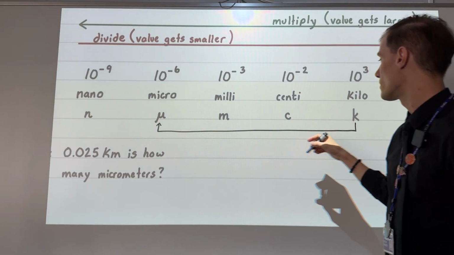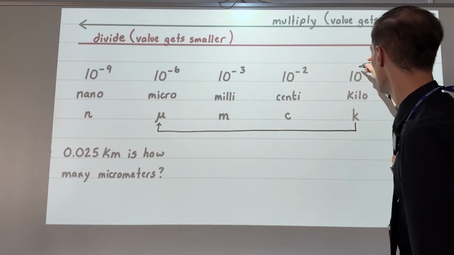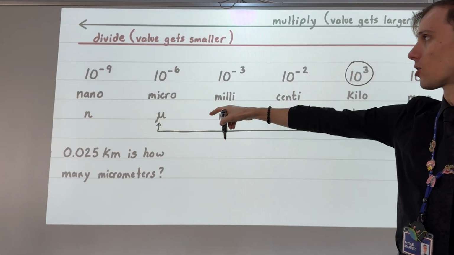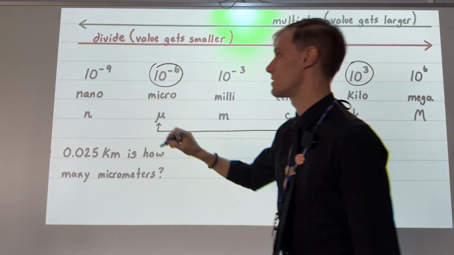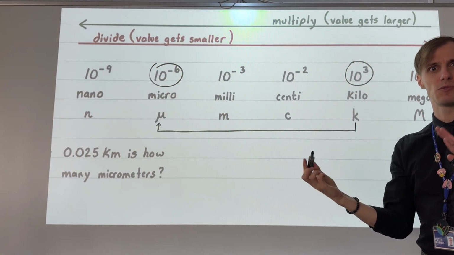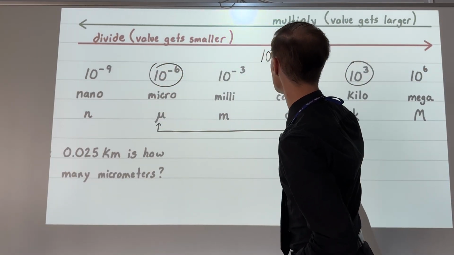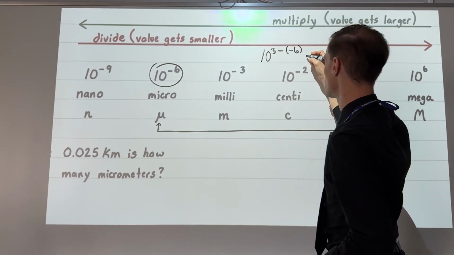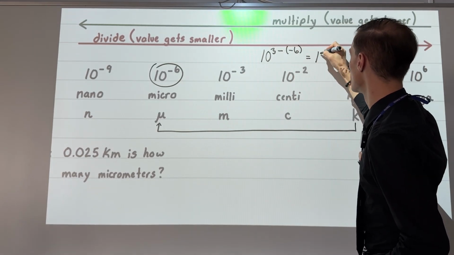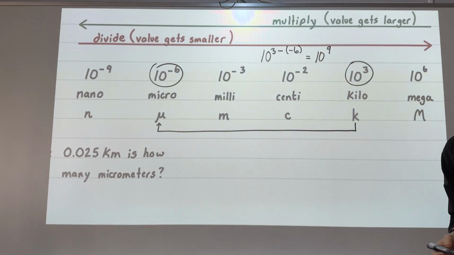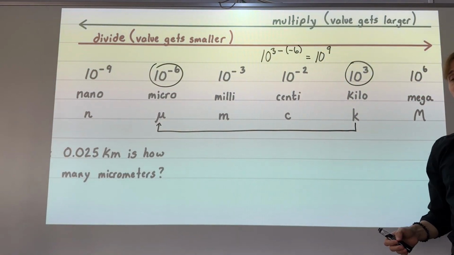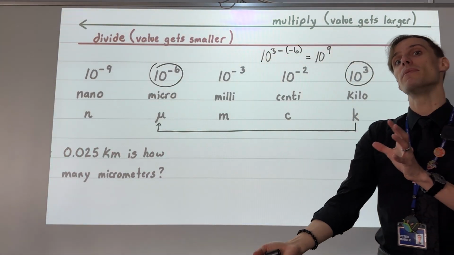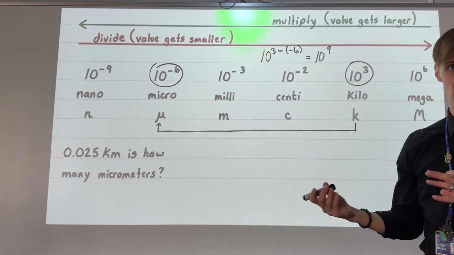Now, kilometers is 10 to the 3, and micrometers is 10 to the minus 6. So what is the difference between these two? 10 to the 3 minus minus 6 equals 10 to the 9. So there's actually a billionth of a meter difference between these two.